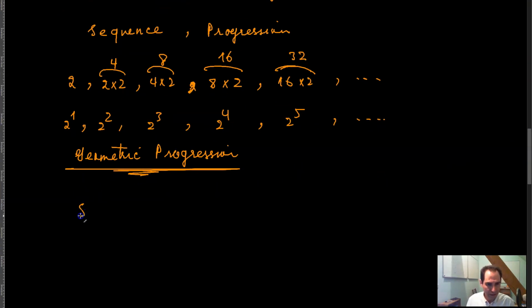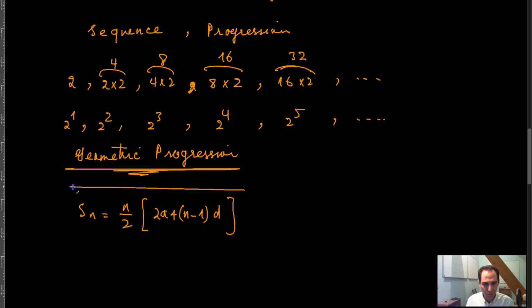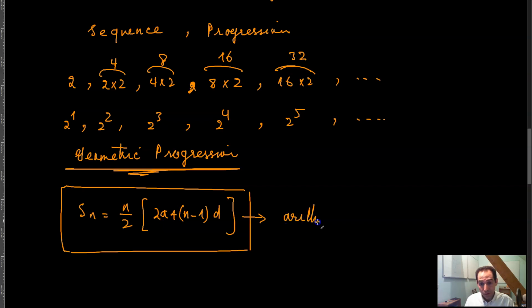And we said that S of n was equal to n divided by 2 times 2a plus n minus 1 times d. We found this formula, and using this formula, we could calculate the sum of the first n terms of an arithmetic progression. This was for an arithmetic progression. But since this is no arithmetic progression, this is a geometric progression, we will have to find some way in order to add all of these terms together.